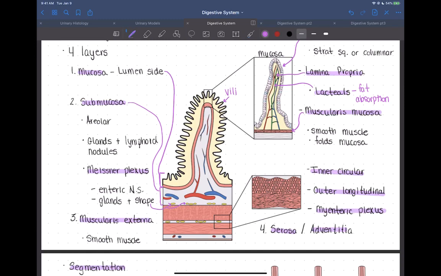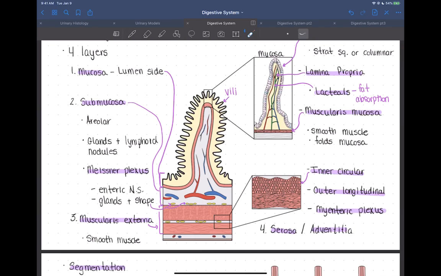And then our next layer is going to be our muscularis externa. Okay, and so that's going to include these two thick layers of muscle. And so if we look kind of where we're zoomed in over here, there are two layers of muscle going in opposite directions of each other. So the innermost layer we refer to as the inner circular layer.